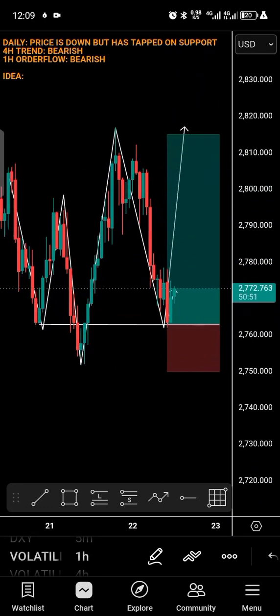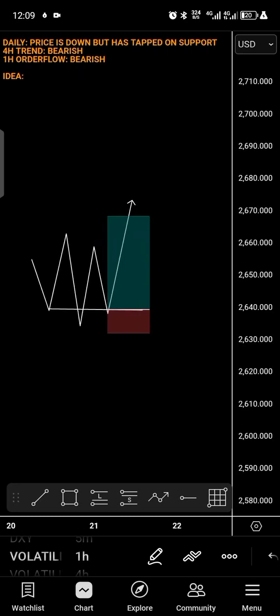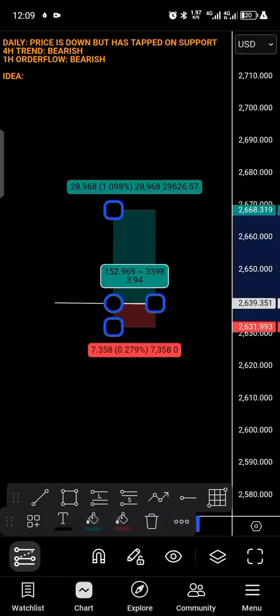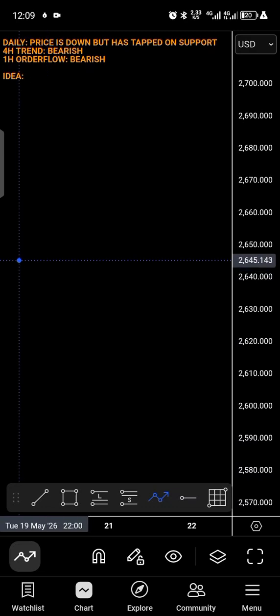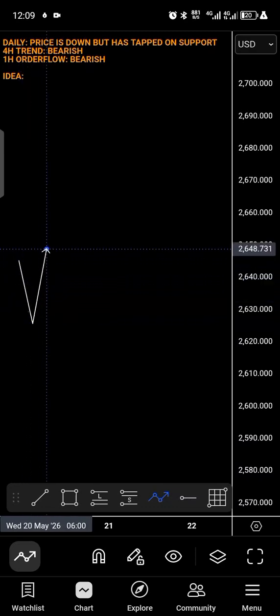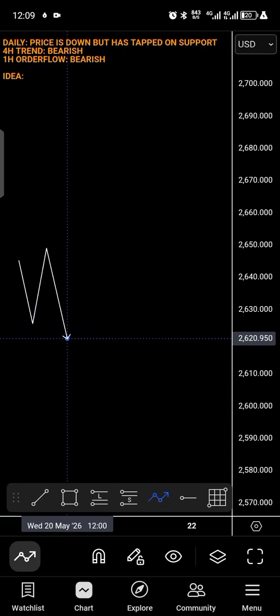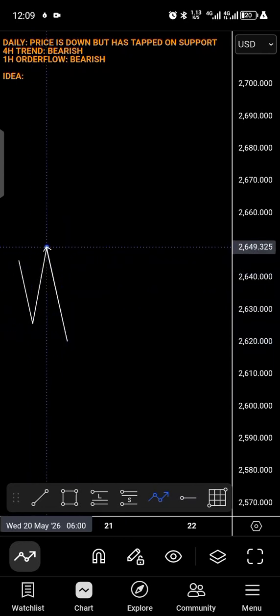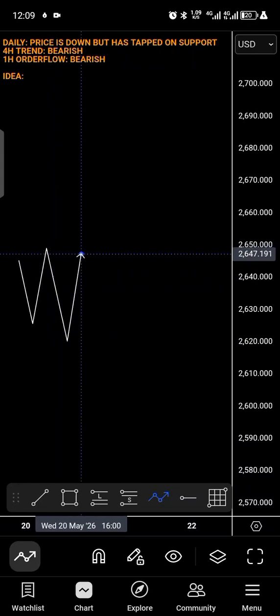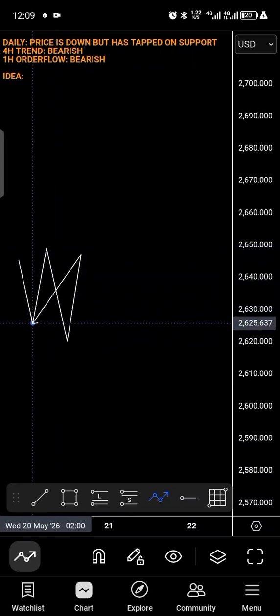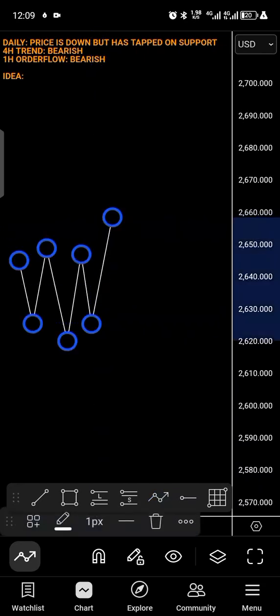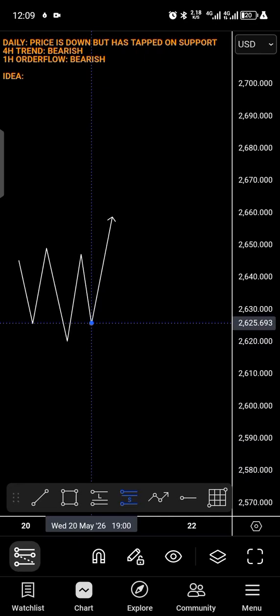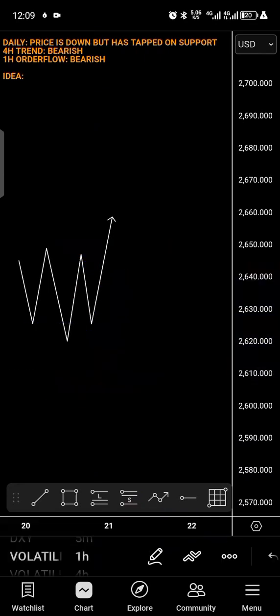If you don't understand, let me try it again. So for the buy, we have this, and then a sweep of this low, before or after the break of structure. It comes back and then tests this low that was swept, and then we take the buy like this. So simple.